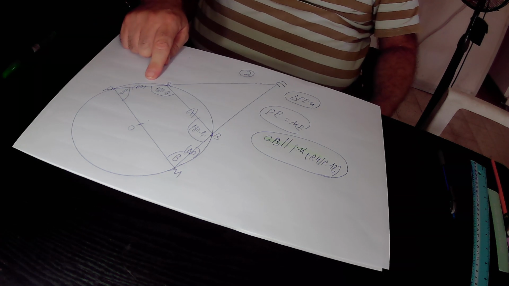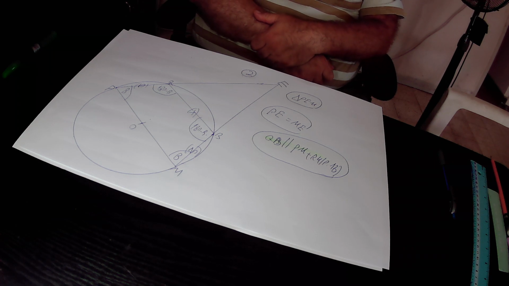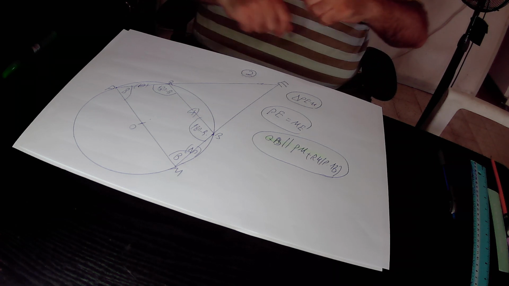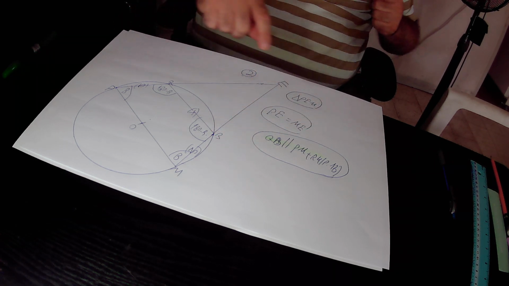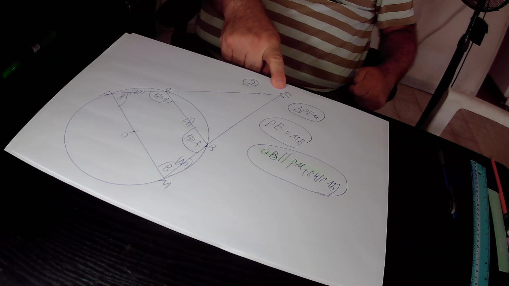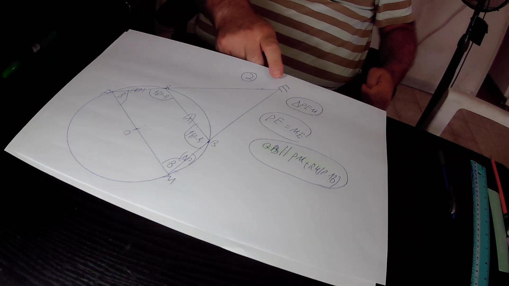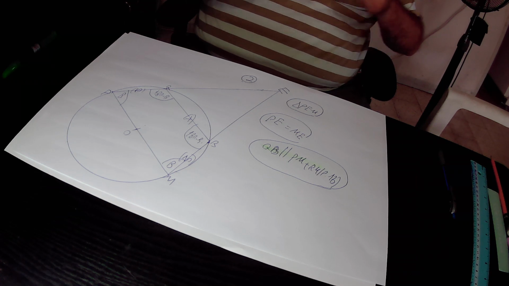PQ equals 10 units in length, and MB also equals 10 units in length. We extend those two chords until they intersect with each other at this point E. Whenever you extend two line segments that are equal in length, the new extended line segments must also be equal to each other.